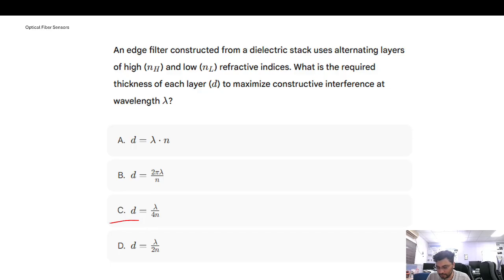Why not option D? The condition is pi by 2. Okay, so it's because of the quarter wave thickness. So what is the required thickness of layer D to maximize constructive interference at lambda?